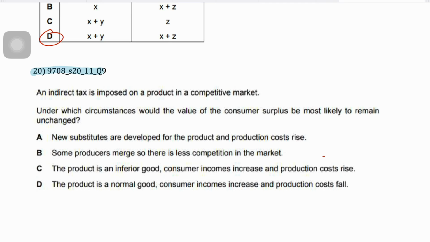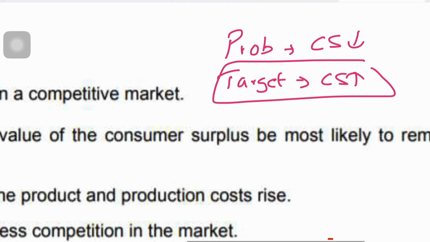But the question is asking what would happen, out of these four options, that would cause the consumer surplus to remain unaffected, which means that consumer surplus might have to increase in order to offset the decline so that it moves back to the original position. So the problem is that the consumer surplus has gone down, and our target is to bring the consumer surplus back up. I want you to focus on the target.